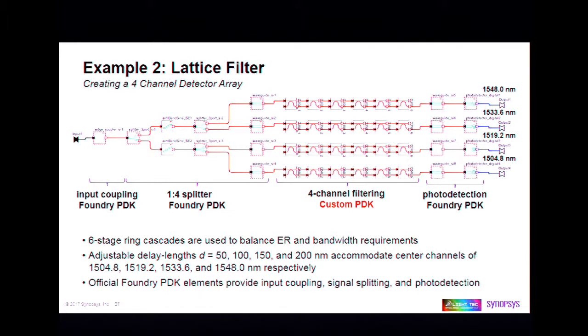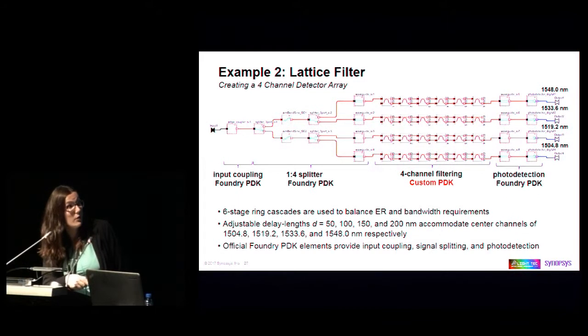So we cascade several, so 8 couplers for different distances. Each of them is filtering a specific wavelength, and we create a source, and all the splitters and waveguides were generated from existing PDK from the foundry.